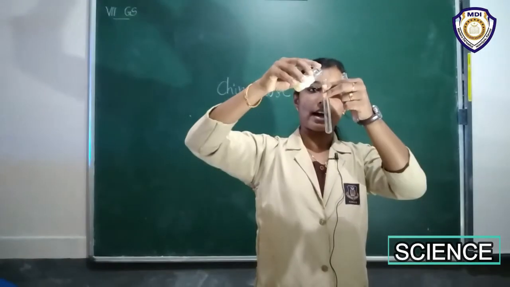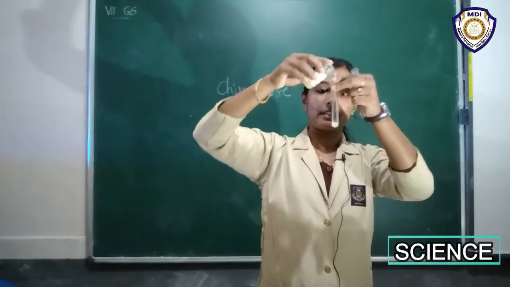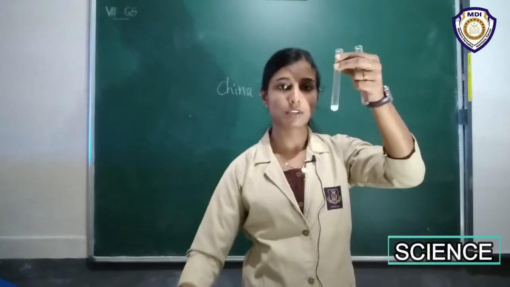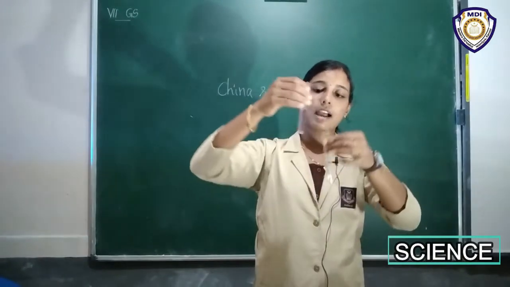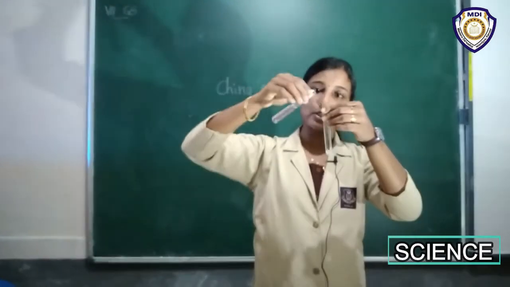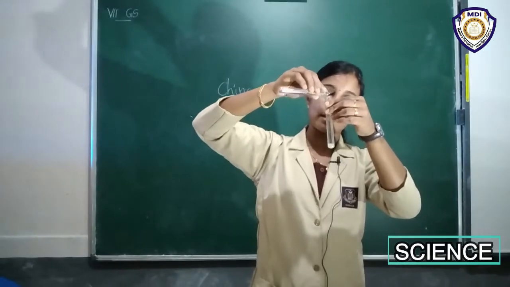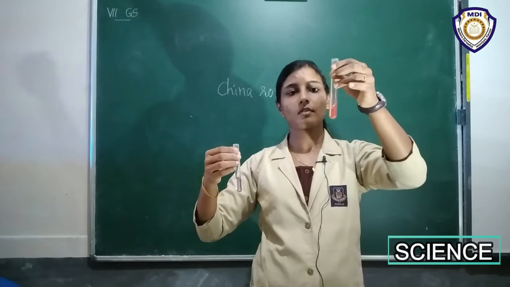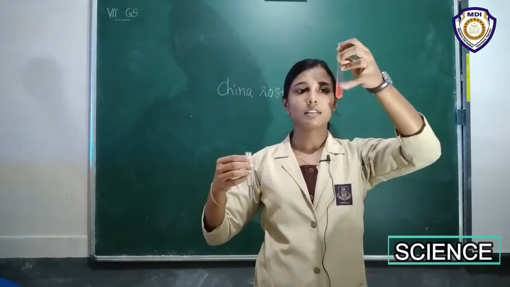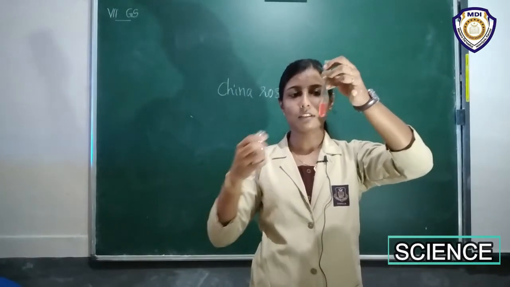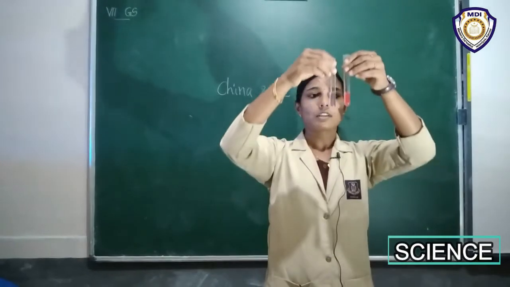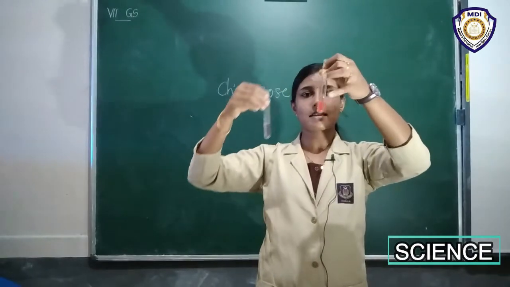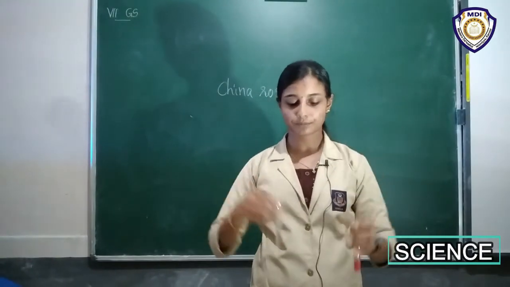Now I take some lemon juice, and when I add this indicator solution into it, you can see the color change. This is too much quantity, so the color has some turbidity. This is somewhat red in color.